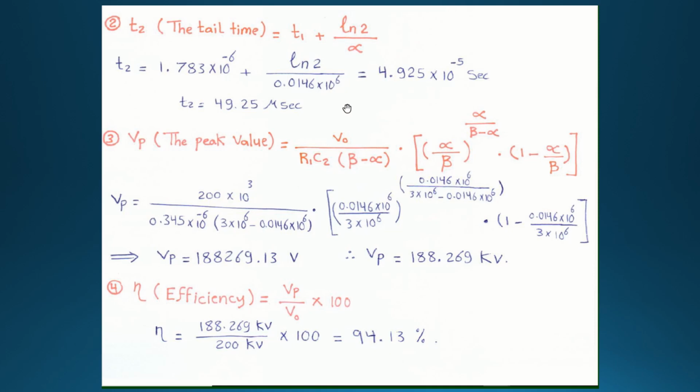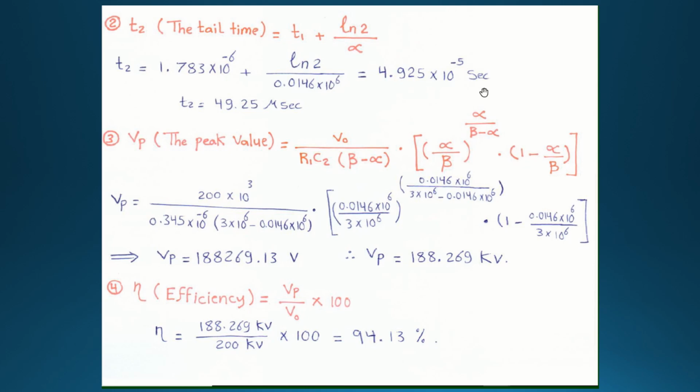Let's move on to question 3, which is the peak value, VP. The formula of the peak value, which I explained before, is V output divided by R1 C1 into beta minus alpha, and all of this is multiplied by alpha divided by beta to the power alpha divided by beta minus alpha, into 1 minus alpha divided by beta.